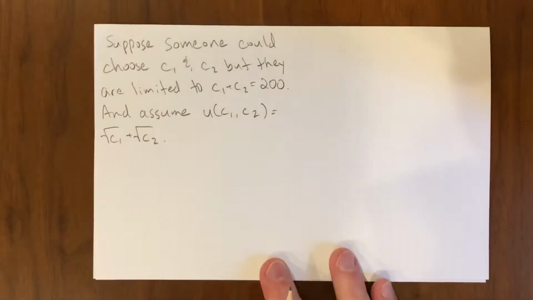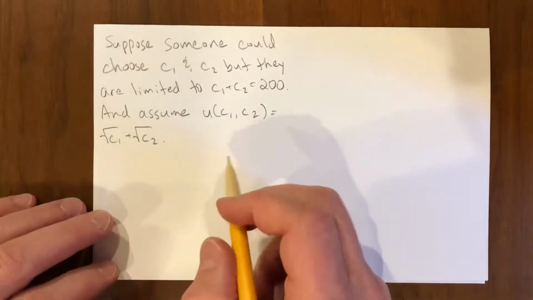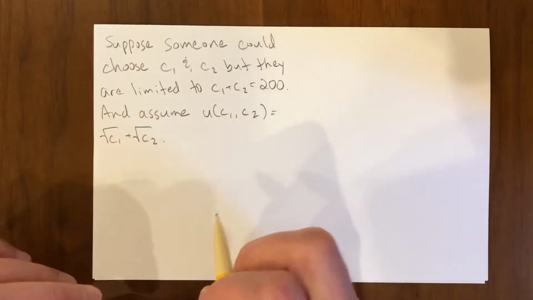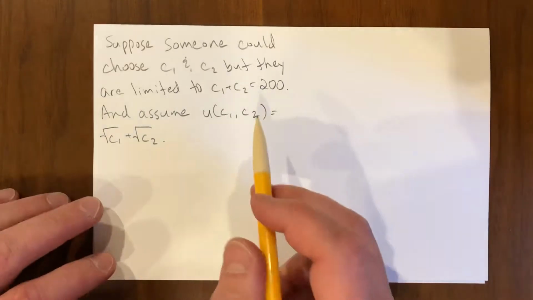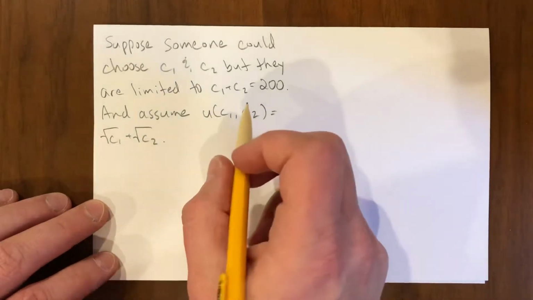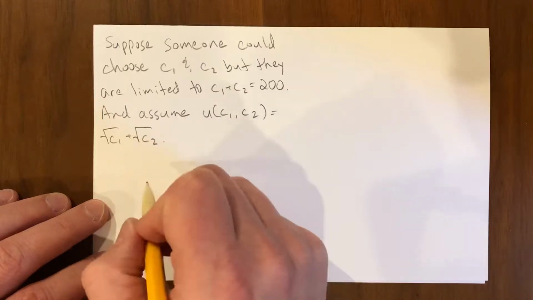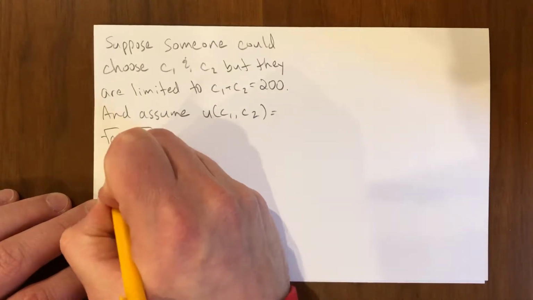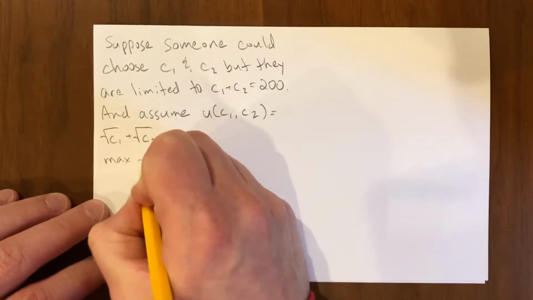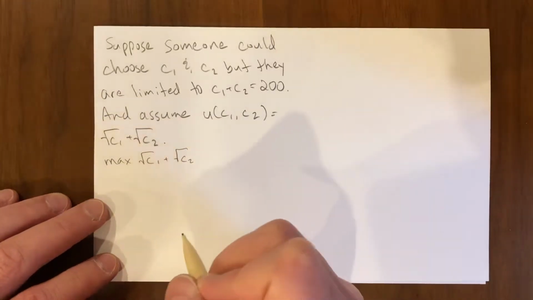Okay, so this is just a maximization problem, but it's good to see it in kind of a different context. So I'll use the substitution method for this problem, although of course you could use the Lagrange method if you preferred. So here's what we would do. We want to maximize root C1 plus root C2.